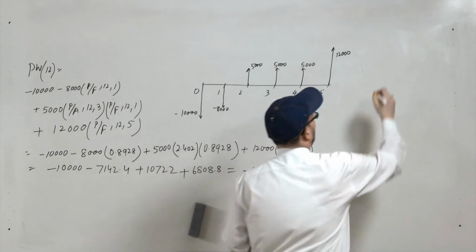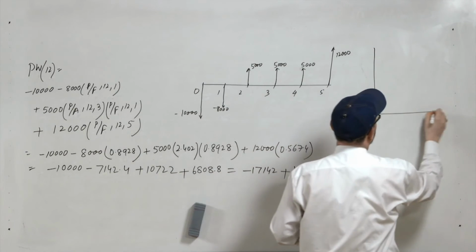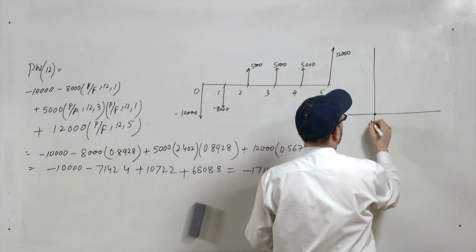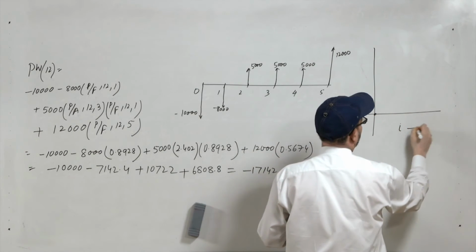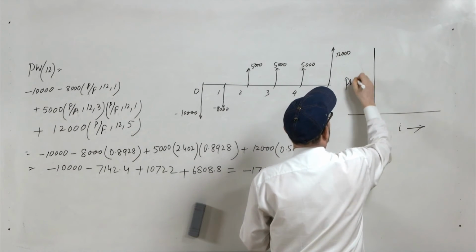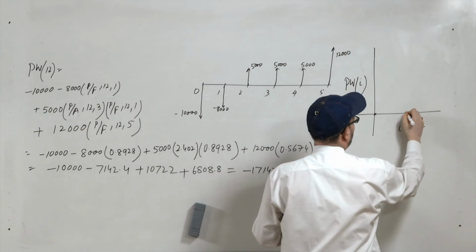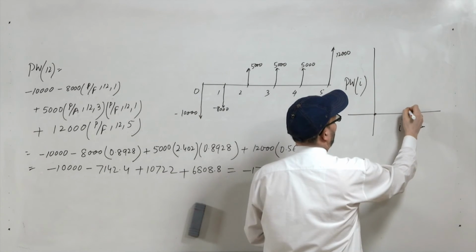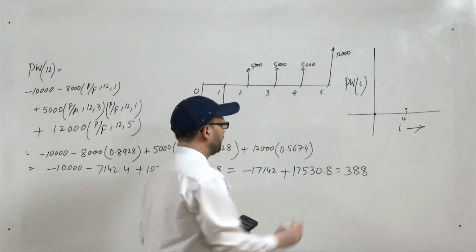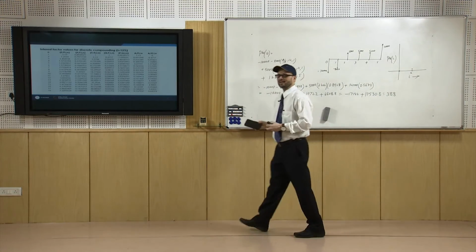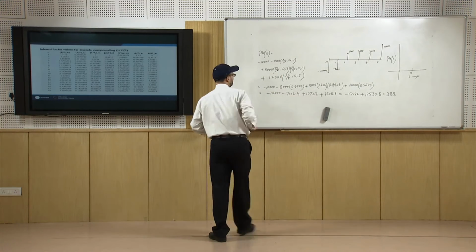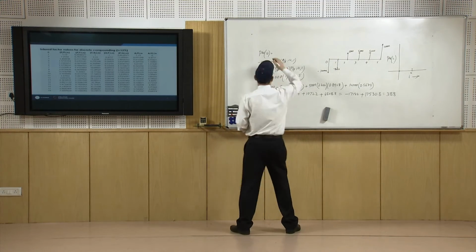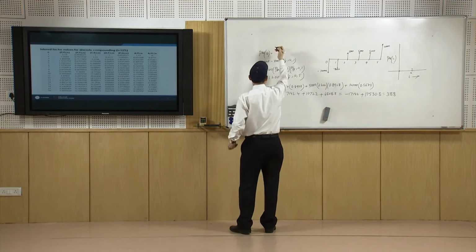So, what we have seen is we had calculated at 0% rate of interest PW, and at 12% the value is only a small value, 388. Now, let us calculate the value at I equal to 13.